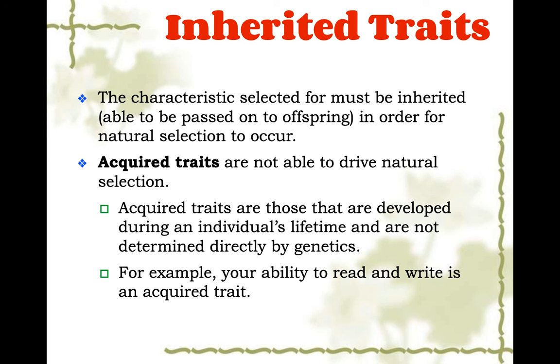Just because you've learned to read and write doesn't mean that your child is going to be born already able to read and write. And even though that ability may be beneficial in the environment, it's not going to cause natural selection to occur because it can't be passed on to offspring.